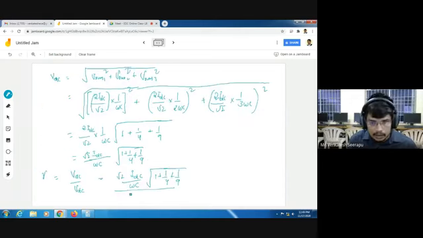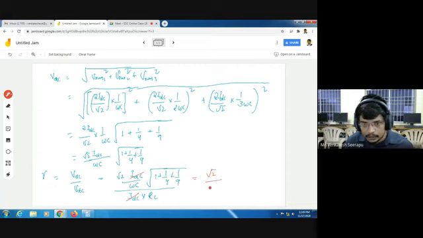So I can cancel IDC and IDC. Finally I got the equation as root 2 by omega C RL into root of 1 plus 1/4 plus 1/9.